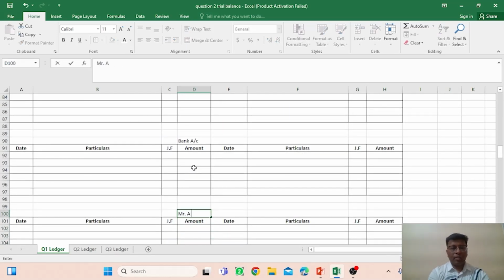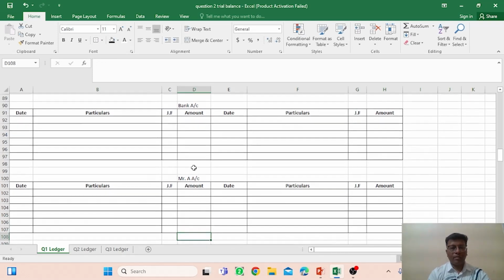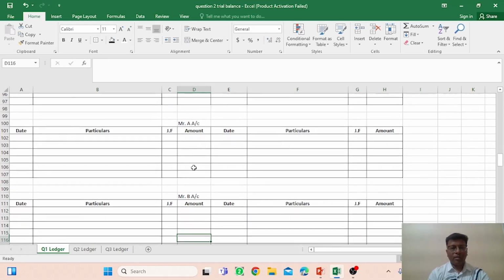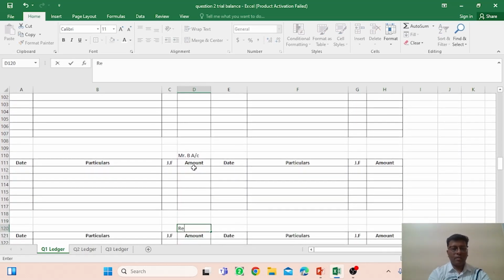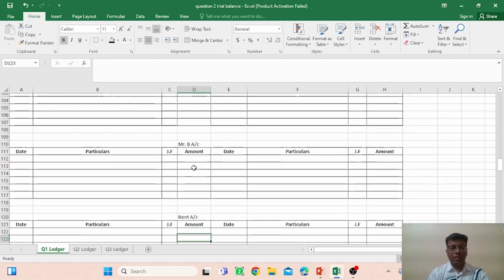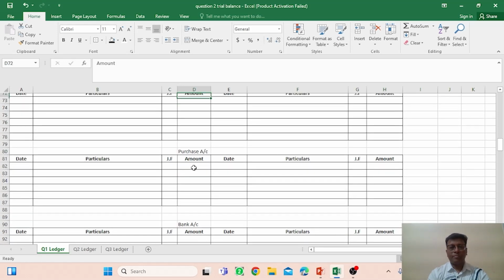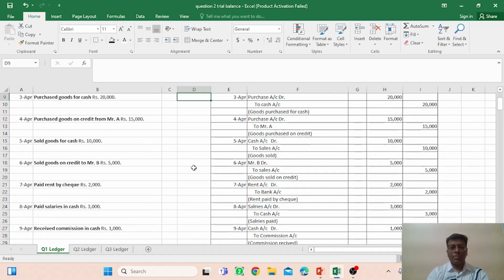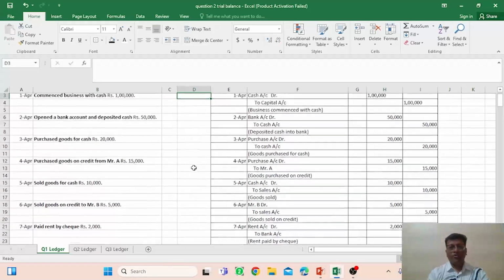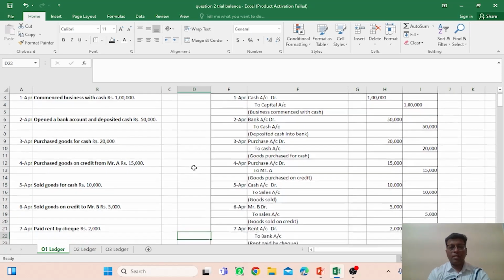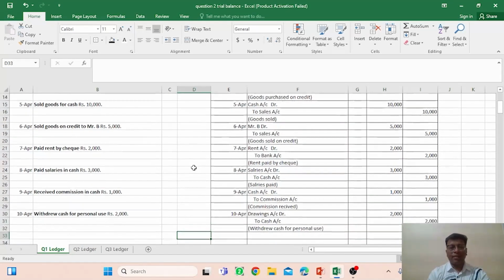Mr. A account, Mr. B account, and rent account and salaries account, right? Going back to the question. So first check that cash, capital, bank, purchase, sales, B, rent, salaries.